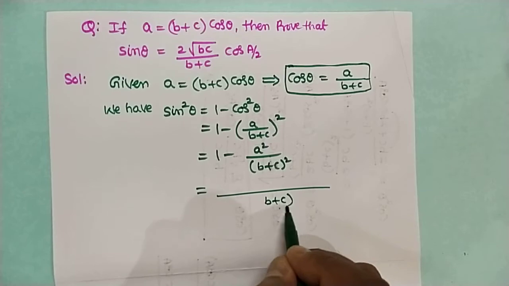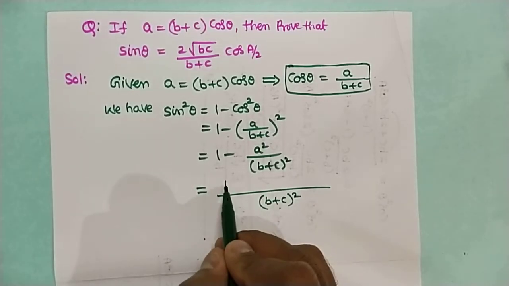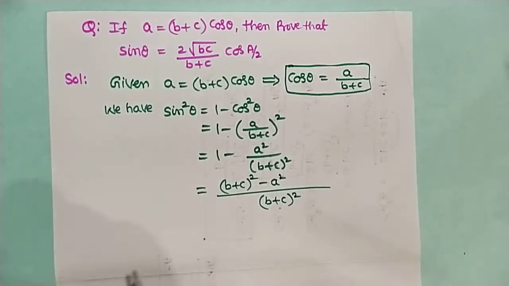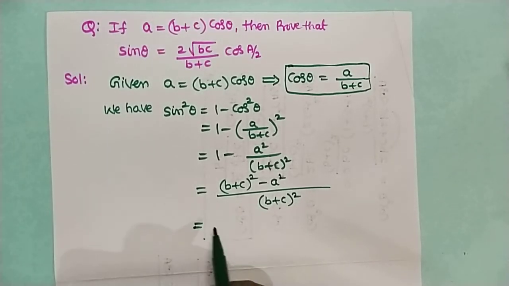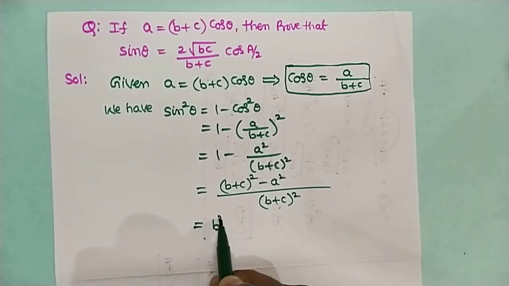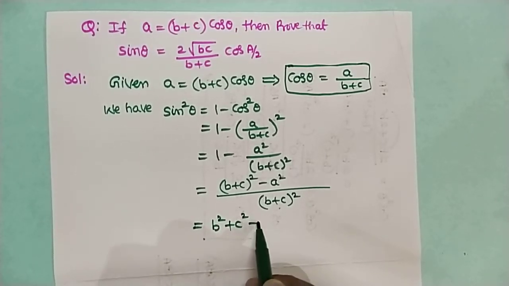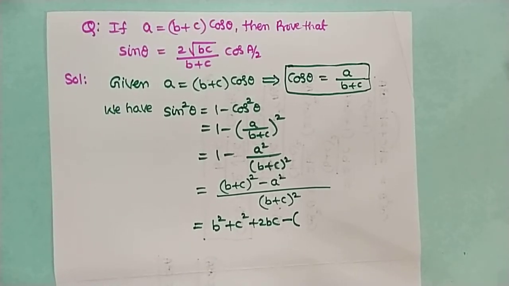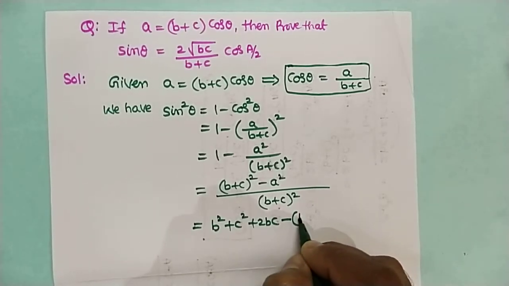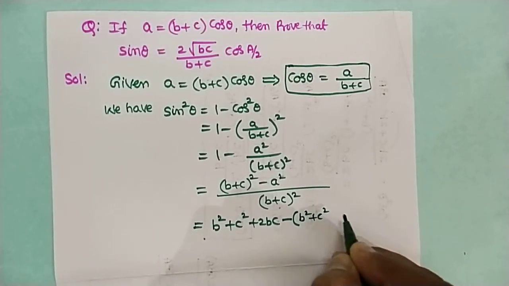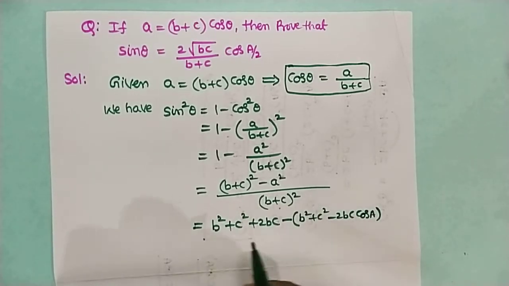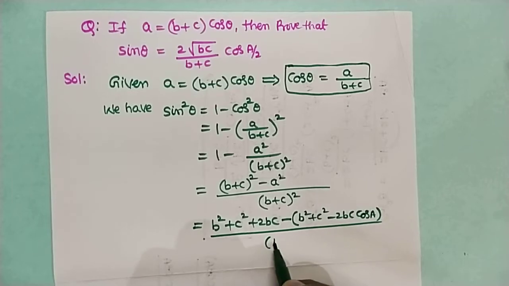Taking LCM, b plus c whole square minus a square. Which is equal to b plus c whole square, b square plus c square plus 2bc, minus, keep bracket and write the formula for a square from the cosine rule: a square equal to b square plus c square minus 2bc into cos a, divided by b plus c whole square.